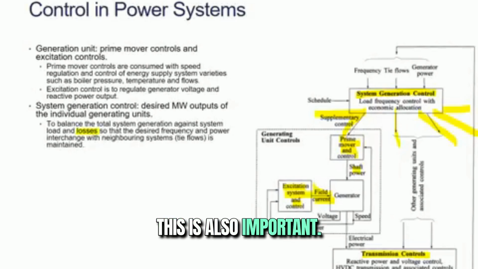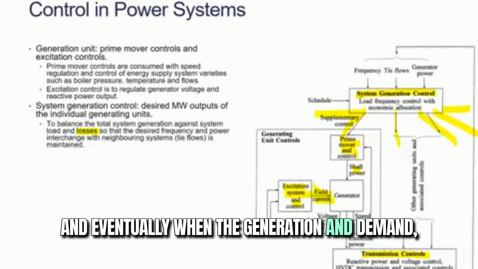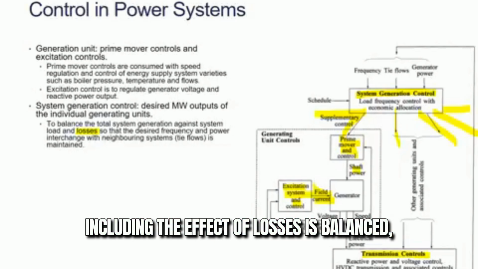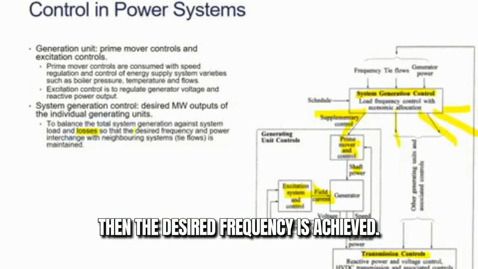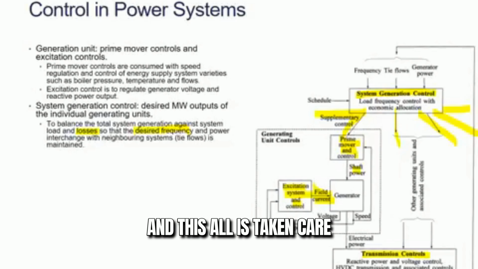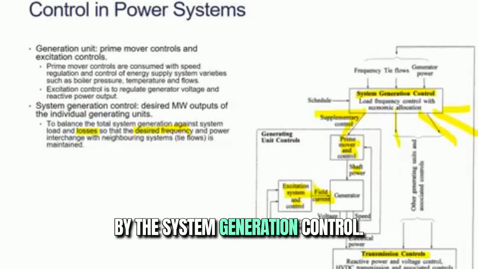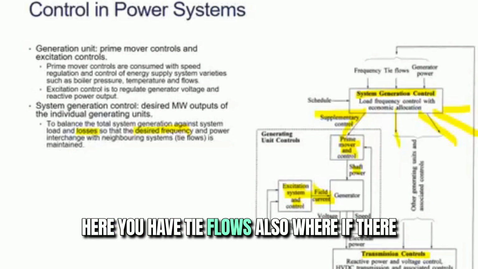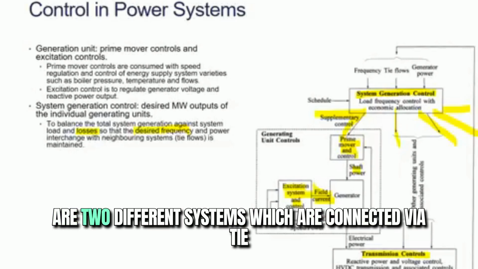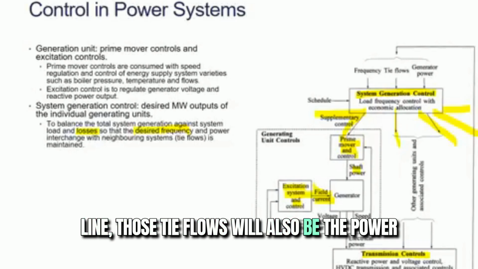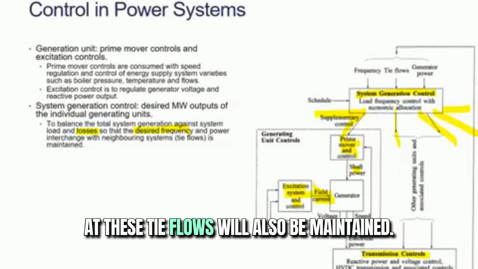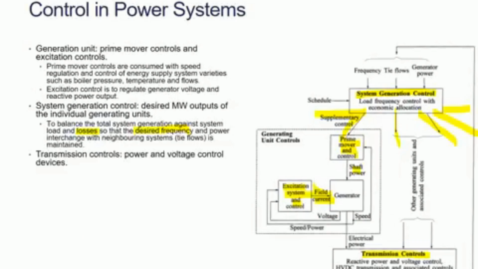This is also important, and when the generation and demand including the effect of losses is balanced, then the desired frequency is achieved, and all this is taken care of by the system generation control. Here you have tie flows also, where if there are two different systems connected via a tie line, the power at these tie flows will also be maintained.